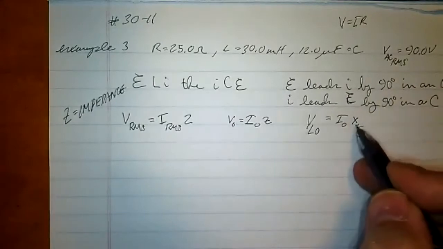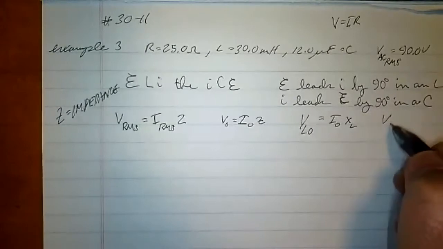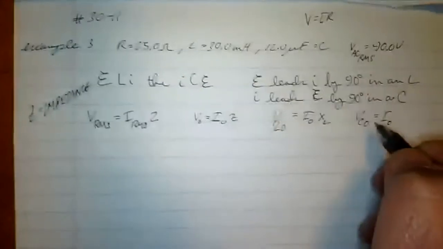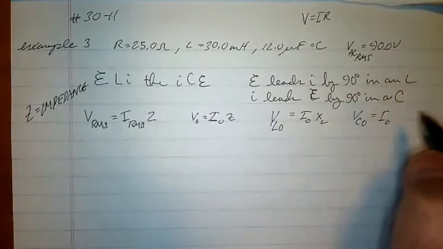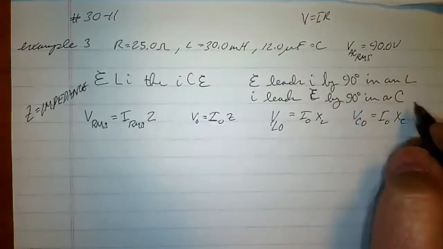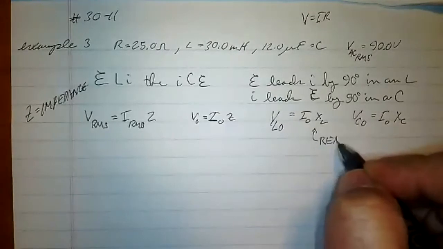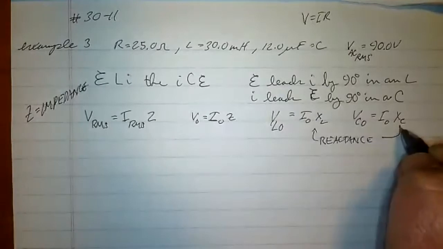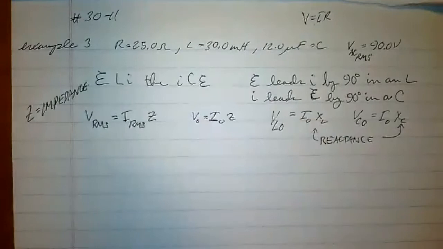Okay, so that's the reactance of an inductor, but you could also say the capacitance amplitude is equal to I amplitude, and this time it's times the XC, which is the reactance. So these two are reactances. Okay, and the Z is the impedance.